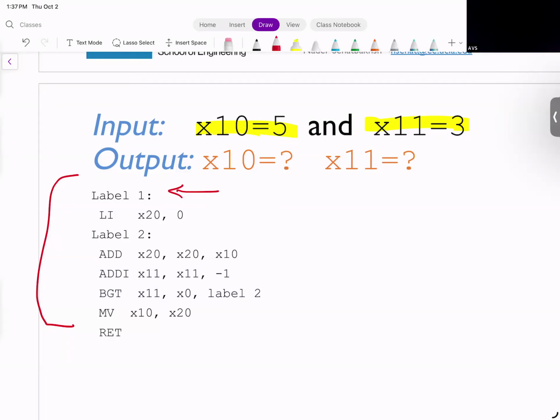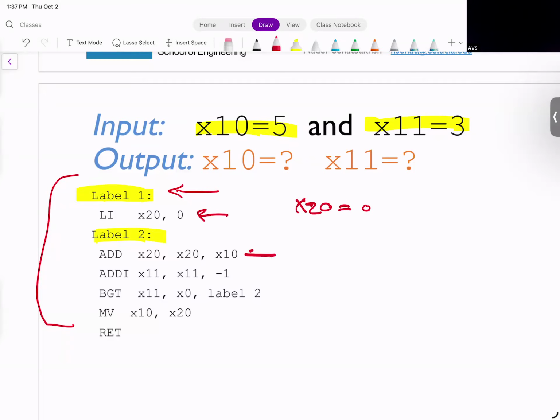Okay. So just very quickly, the way this works is that you start from here. As I told you, these are your labels, so they do not have any functionality. This is just for you to understand where you jump back when you want to jump back. So the first instruction that's going to be executed is this instruction here. This means that x20 will be equal to 0. So you're basically initializing x20 to 0.